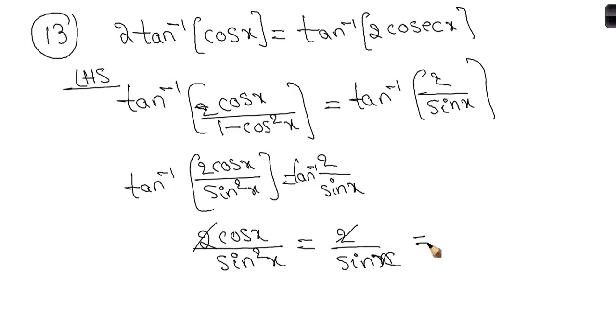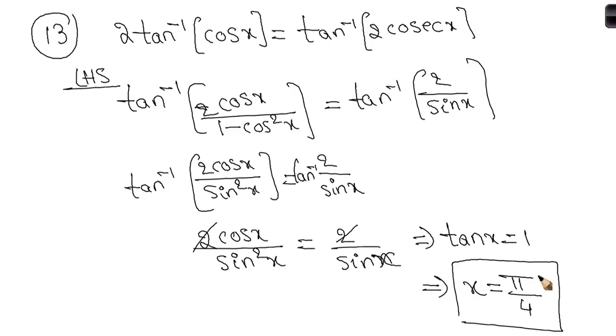So it implies sin x by cos x, which is tan x, is equal to 1. If tan x is equal to 1, x should be equal to pi by 4. This is the answer. Simple: expand, equate both, I get tan x as 1.